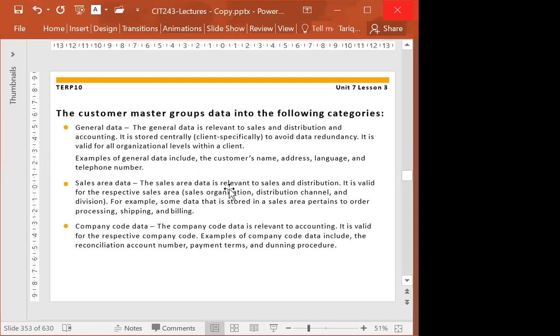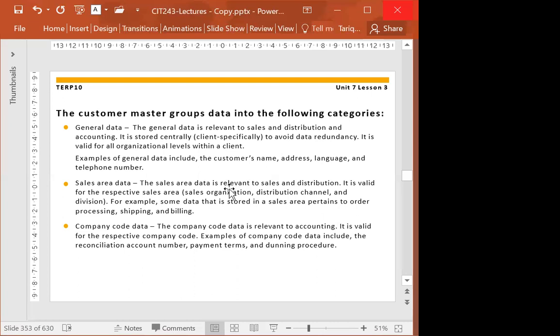Is that clear? Yes, sir. We are clear. So we have to register him in both sales organizations. So in this case, we will have one general data, two sales area data, and one company code data. Is that clear? Yes, sir, clear.